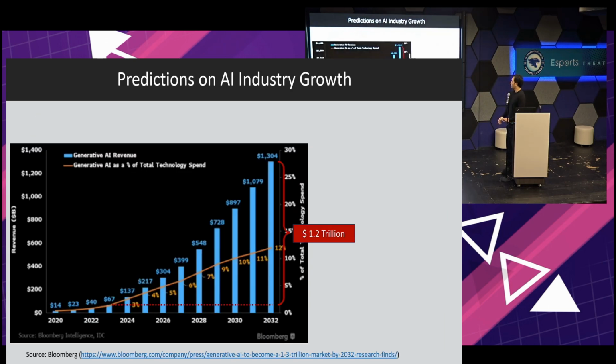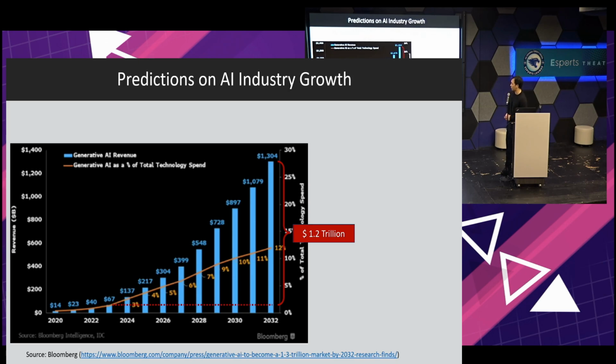Right, so let me start to persuade you with numbers. This is from Bloomberg, and they project the revenues from generative AI to increase by $1.2 trillion until 2032. You see 2023, last year, was only $67 billion in revenue, but it increased exponentially.